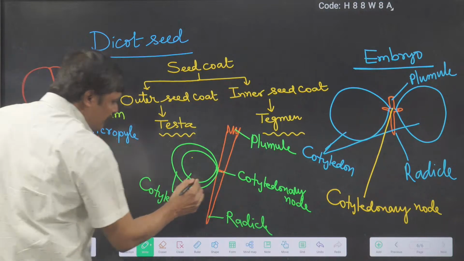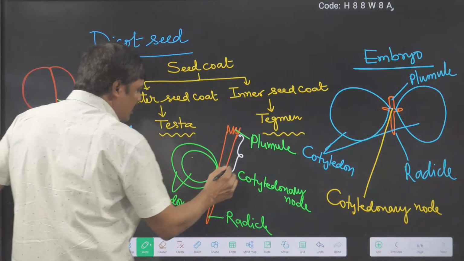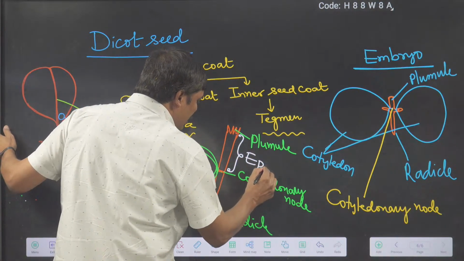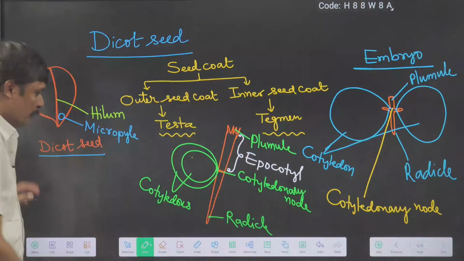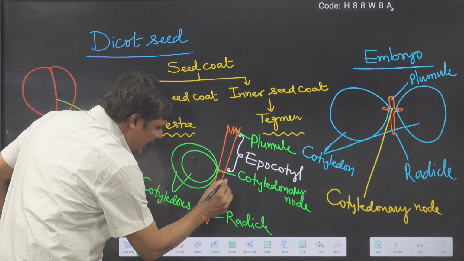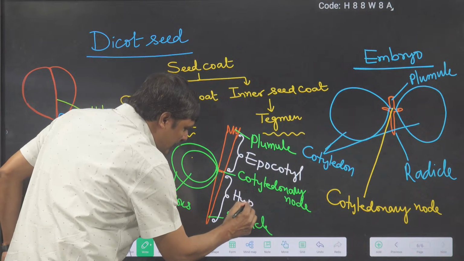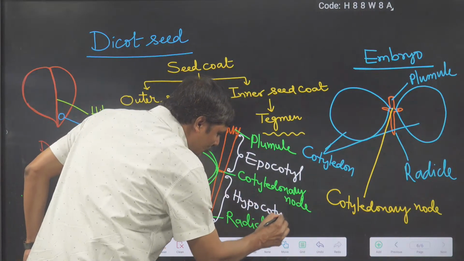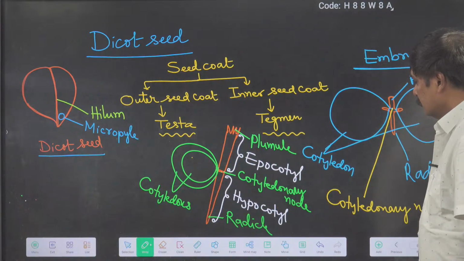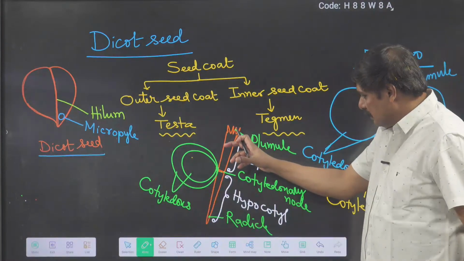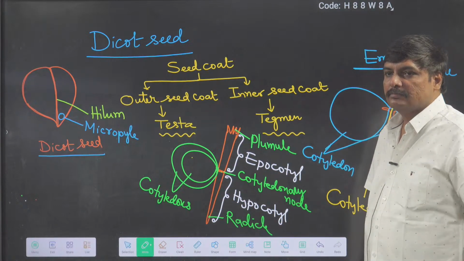Now see, two important terms here you have to identify. The portion between plumule and cotyledonary node is called epicotyle. The portion between radicle and cotyledonary node is called hypocotyle. The embryonal axis is also called tigellum.